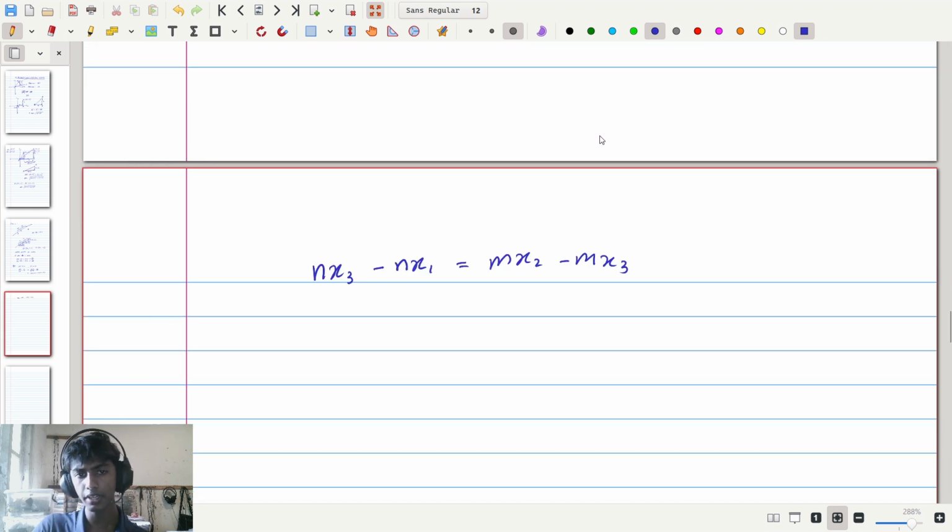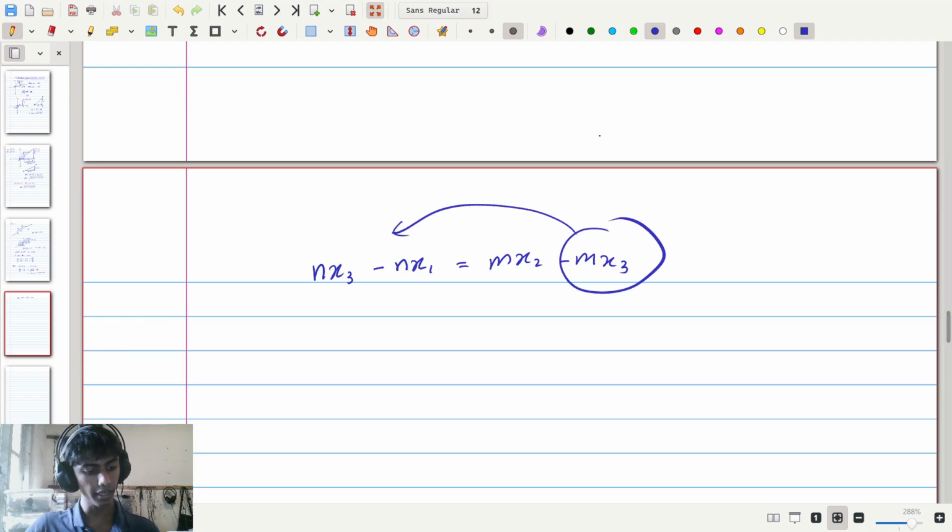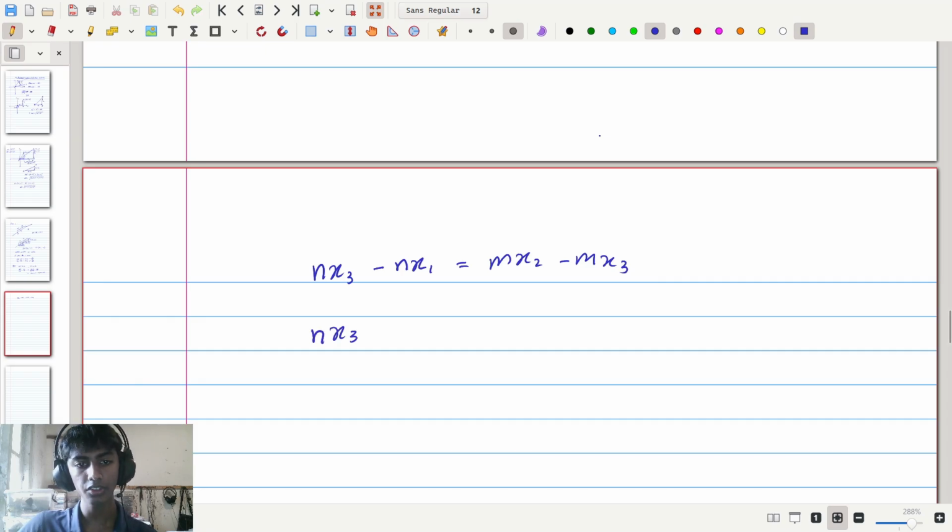Taking this, if I take the x3 terms to one side, if I take this m x3 to this side, and I take all the other variables to the other side, I can see n x3 plus m x3 is equal to m x2 plus n x1 by algebraic rearrangement.